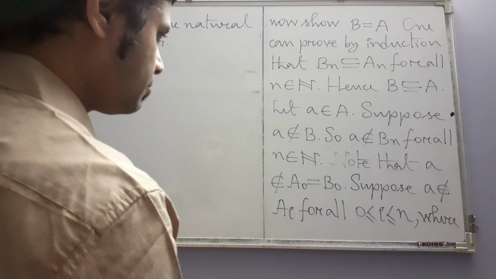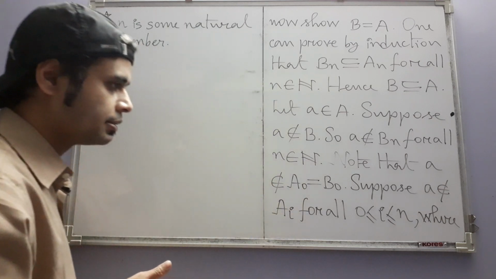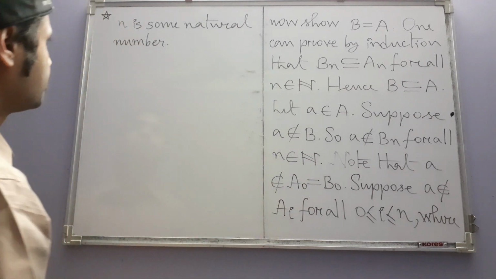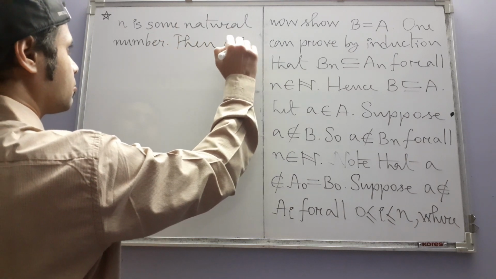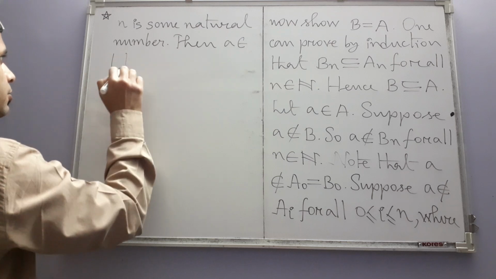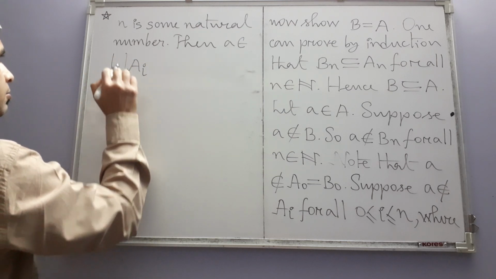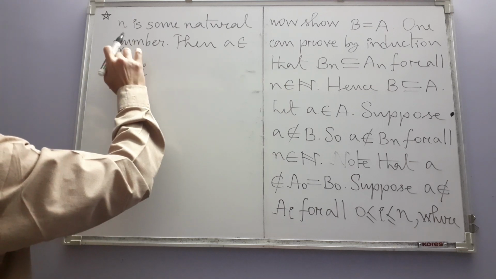Now because a belongs to none of these Ai's, a will also not belong to their union. Then a does not belong to the union of the Ai's as i varies from 0 to n.